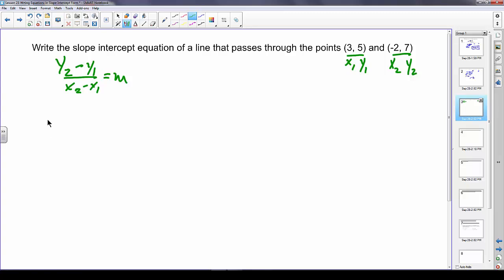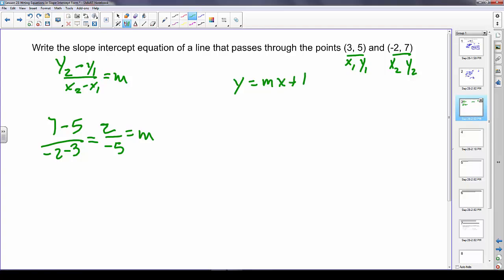So in doing that, we have 7 minus 5 over negative 2 minus 3, or positive 2 over negative 5, is equal to our slope. So now, substituting into y equals mx plus b, you'll notice we have an m value of negative 2/5, but we need an x and a y.